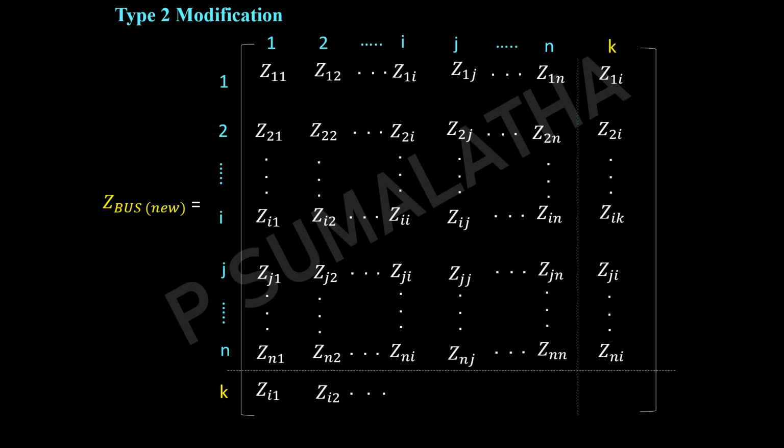So we got the off-diagonal elements, and Zik plus Zb. Now I just told you k and i can be used interchangeably. So I am going to change my k to i, which is going to be Zii plus Zb. I changed it like this; you will understand better when I am solving the numerical.